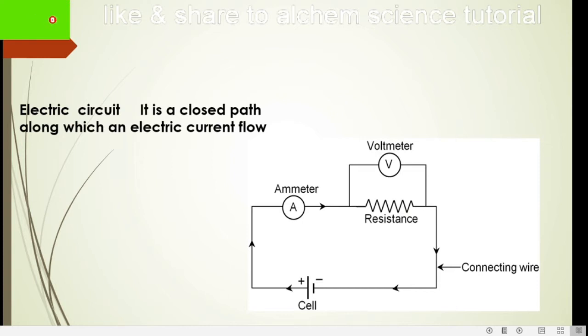Our next topic is the electric circuit. As in chemistry we represent any chemical reaction by using symbols, similarly in physics, if you want to represent electrical components in a diagram, we utilize the electric circuit diagram.